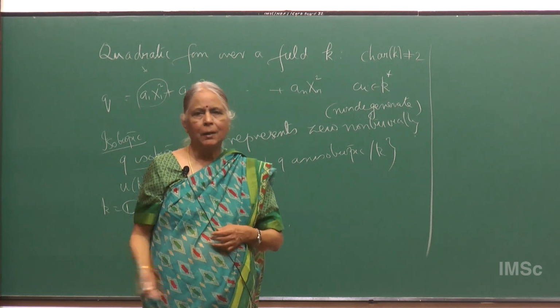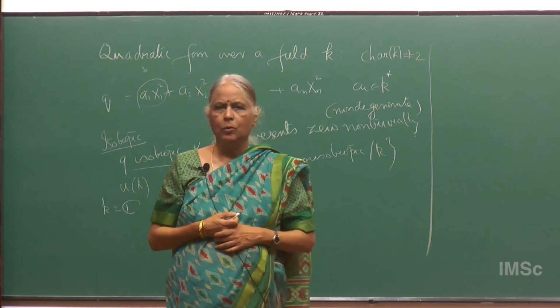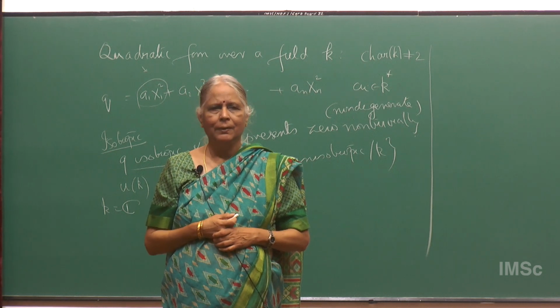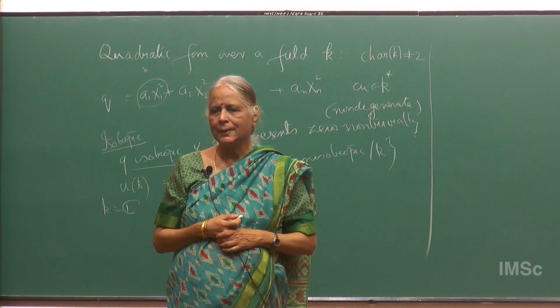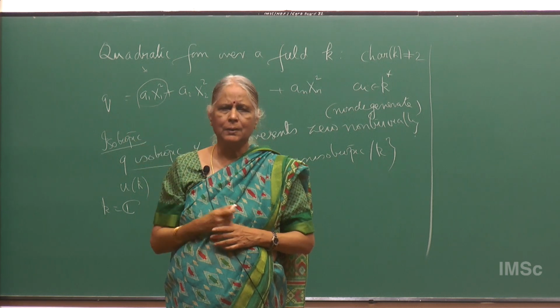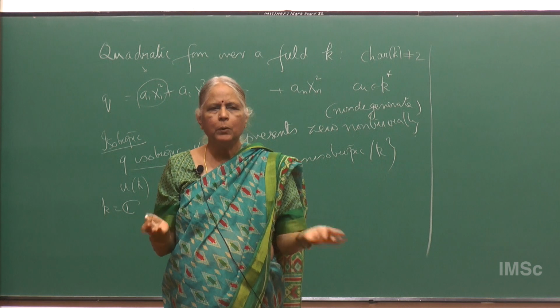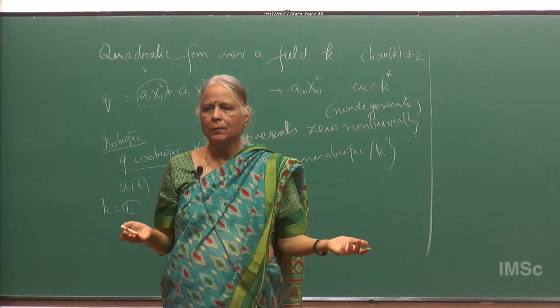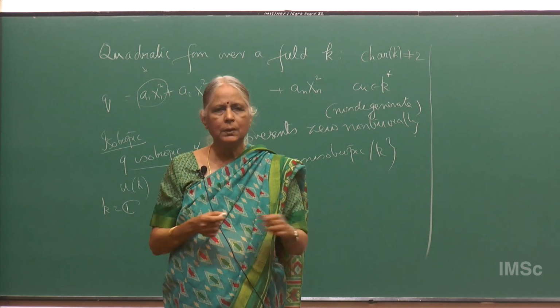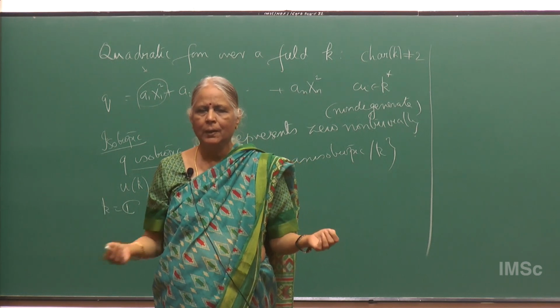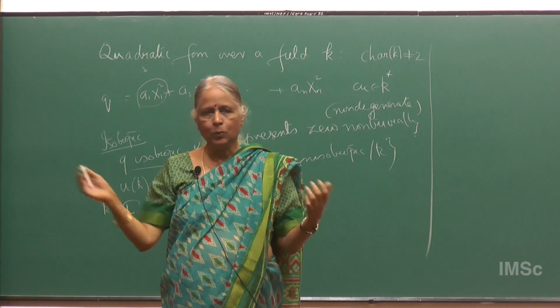Some other example where the U invariant is finite you have seen in your number theory class. What about finite fields? Assume that the characteristic is not 2. What do you know about quadratic forms over finite fields? You can just write it as a1 x1 squared, a2 x2 squared, a3 x3 squared, and so on.